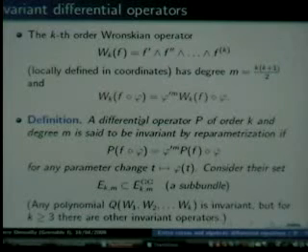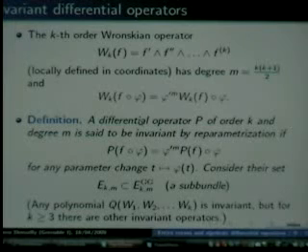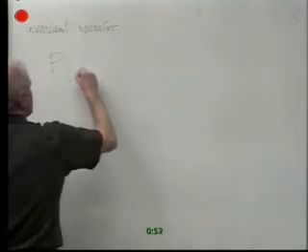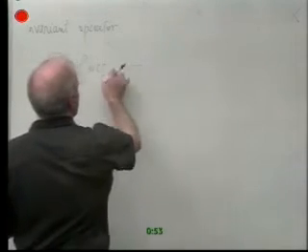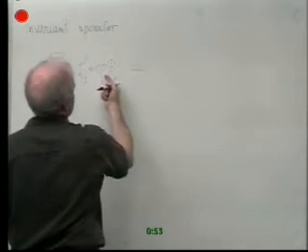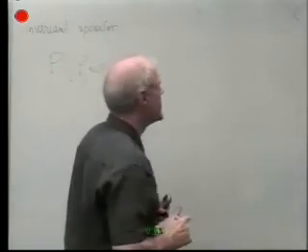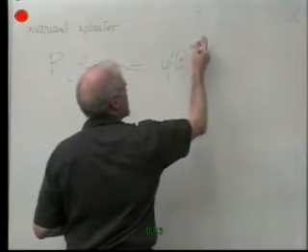So an invariant operator is an operator P which acts on curves such that after you reparameterize, of course, the reparameterization here will create some derivatives, but you assume that only the first one will appear with some exponent here.